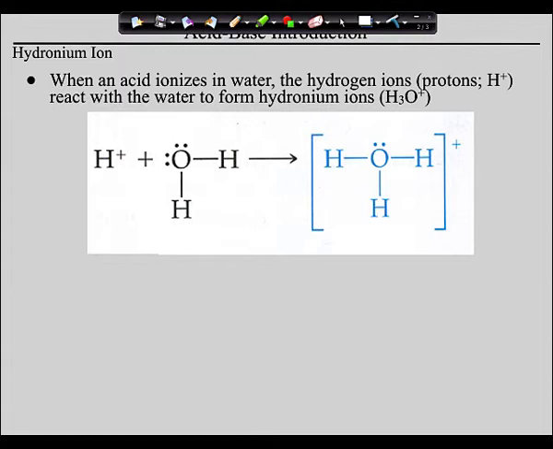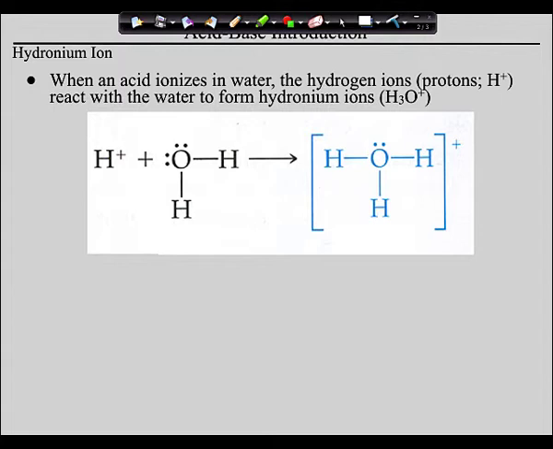But guys, I think we talked about this last year. But if you think about it this way, this is the active ingredient, if you will, in an acid. So if you spill hydrochloric acid on your arm and it's burning you, the hydrochloric acid is not burning you. What's burning you? Hydronium ion. You spill nitric acid on you and it's burning you. No, it's not. It's the hydronium ion.